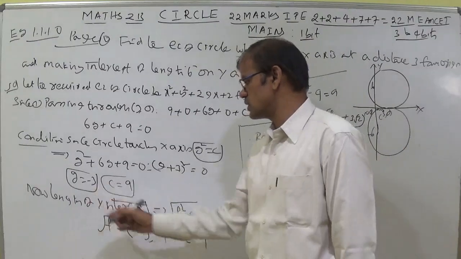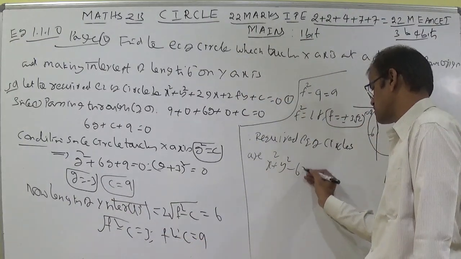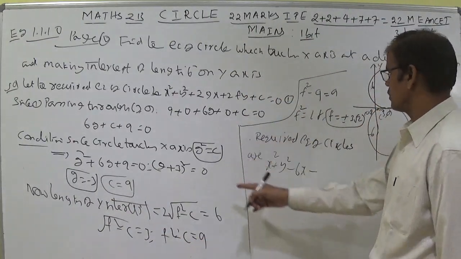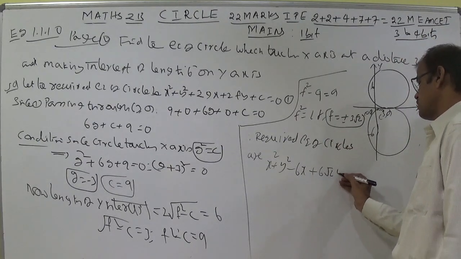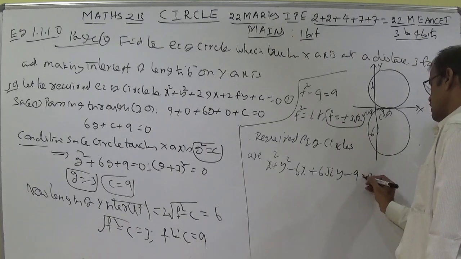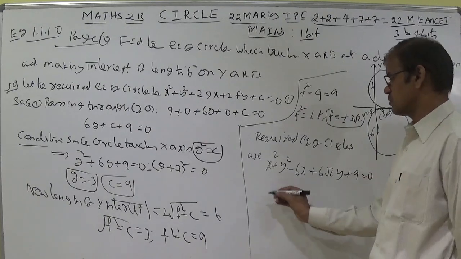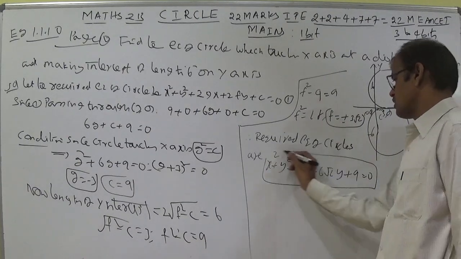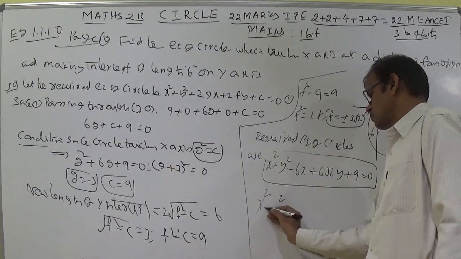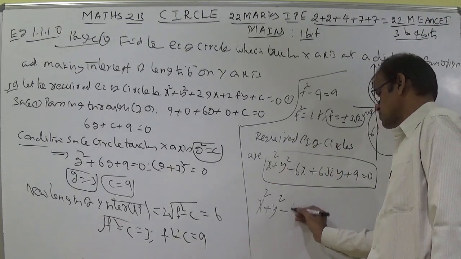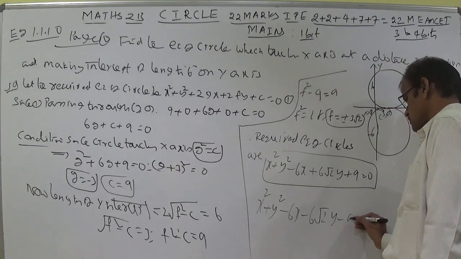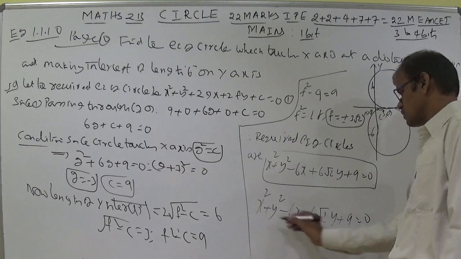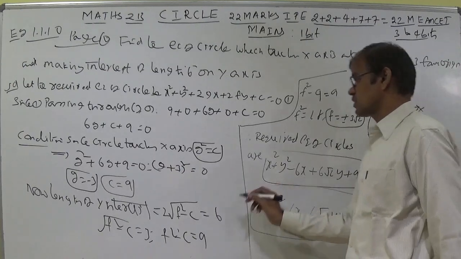We got g is minus 3, so minus 6x. For f we got 3 root 2, so plus 6 root 2 y plus 9 equal to 0, because c is equal to 9. This is one circle. And another circle: x square plus y square minus 6x minus 6 root 2 y plus 9 equal to 0. These are the equations of the circles.